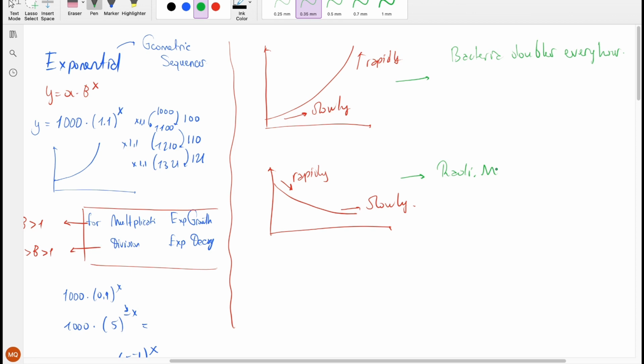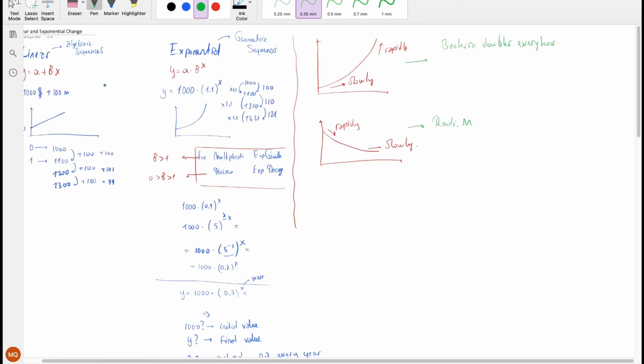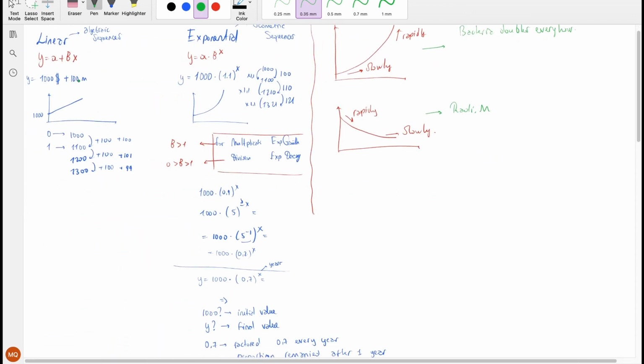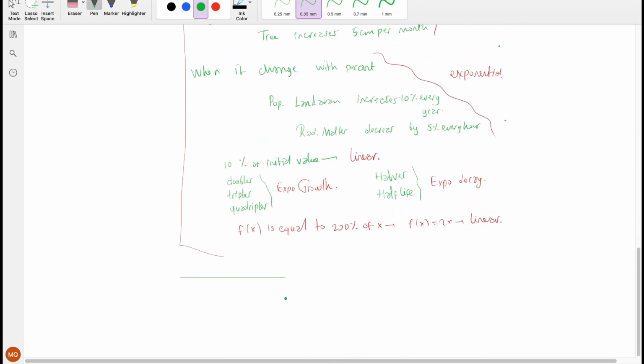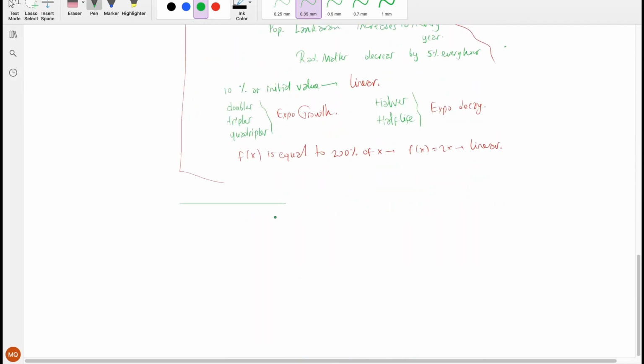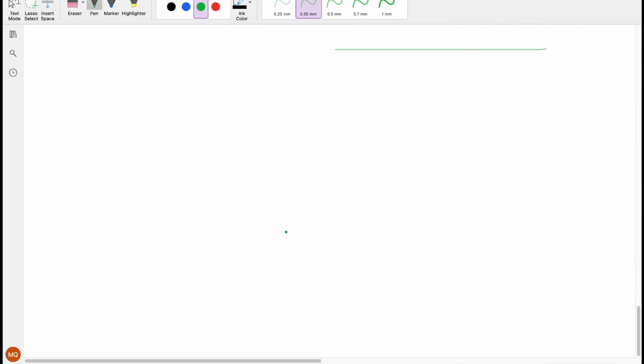Also we have simple and compound interest. One of them is linear, one of them exponential. Let's look at them. Let's start with simple interest.